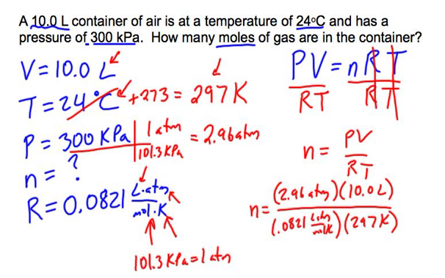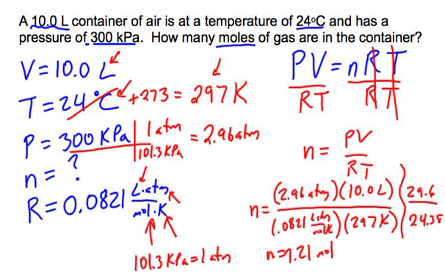So 2.96 times 10, it's going to give me 29.6 on top. And then on bottom, 0.0821 times 297. It's going to give me 24.38. I'm just going to divide those. And then we get n equals 1.21 moles.